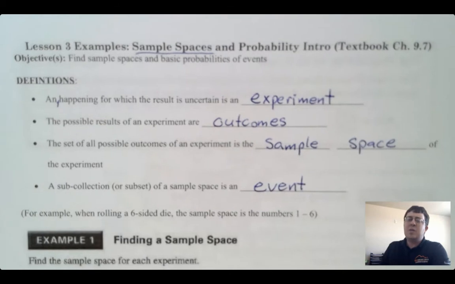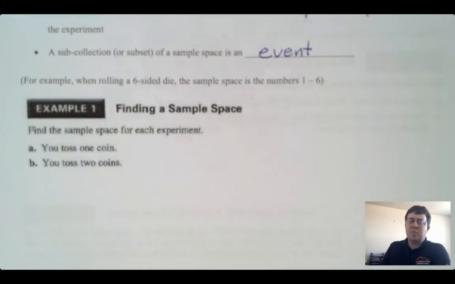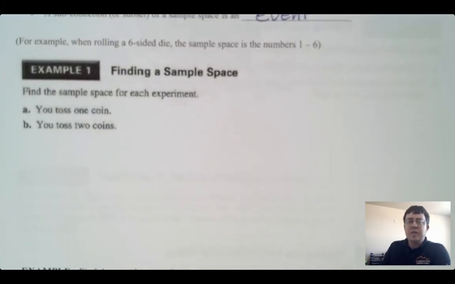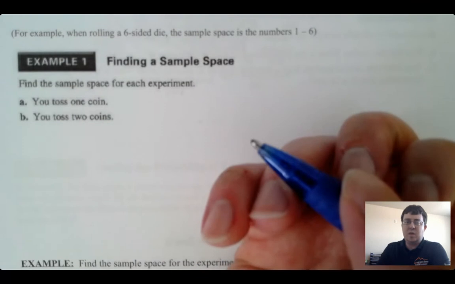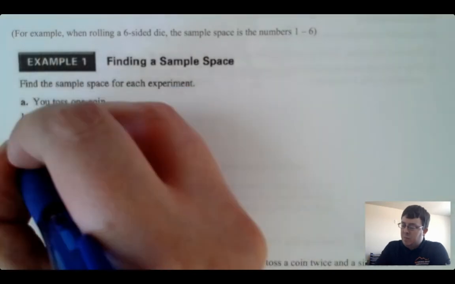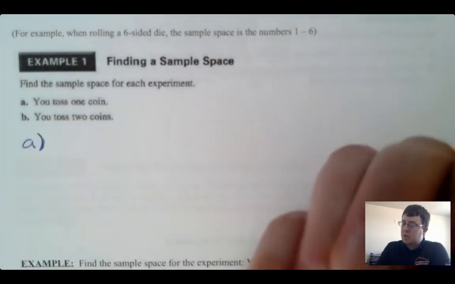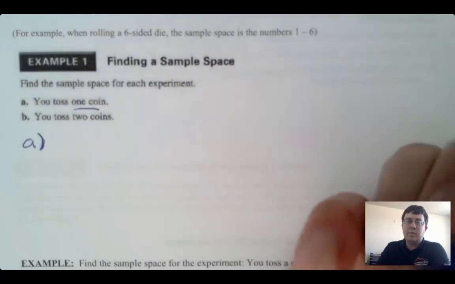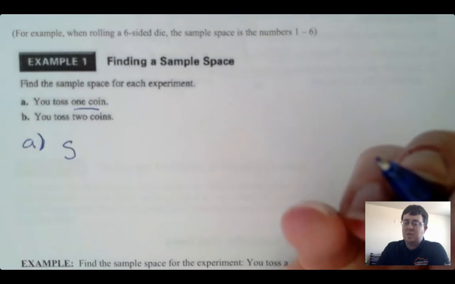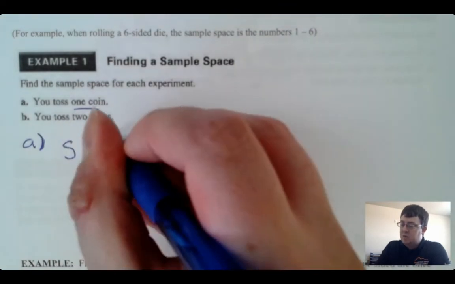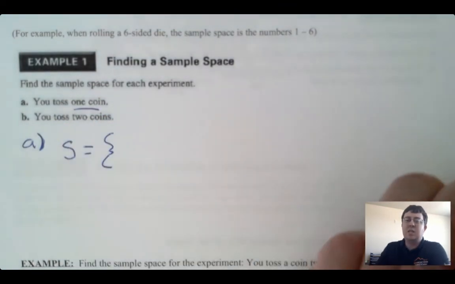Okay, so let's talk about sample spaces before we start talking about calculating probabilities. To find a sample space, I want to write down all the different things that could happen if I do these certain experiments. So for part A, we want to toss 1 coin. Okay, that should be easy. I'm going to use the big letter S for sample space, and I'm going to use curly brackets to say these are the things that are inside my sample space.